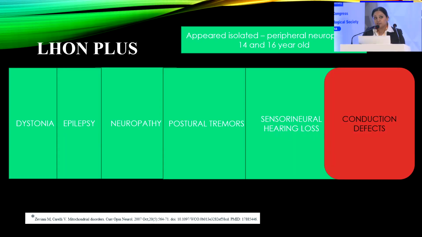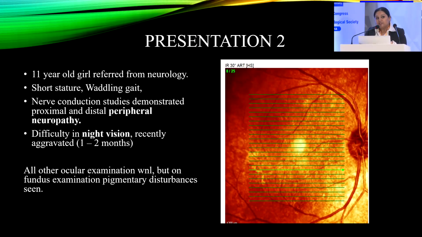We sent these patients to neurology, and we found that although it appeared as isolated optic atrophy, they had peripheral neuropathy as well. They sent a patient back with ataxia, tremors, a waddling gait, and she had difficulty in night vision since the last 2 months. When we examined her fundus, we found that there were some mild pigmentary disturbances present.